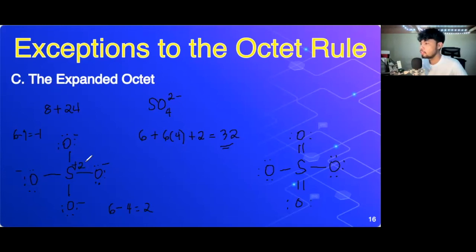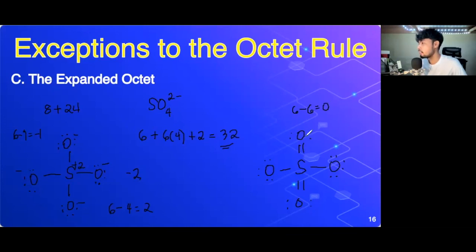So take note of the total formal charges of all the atoms. It is equivalent to -2, which is the same as the charge of the sulfate ion. How about the second Lewis structure? This oxygen atom has a 0 formal charge because it has 6 valence electrons and 6 assigned electrons.